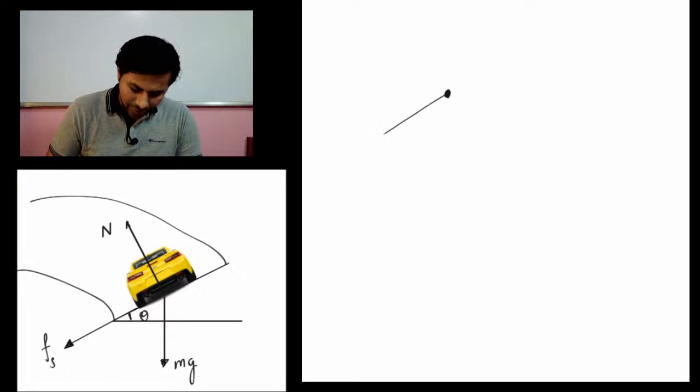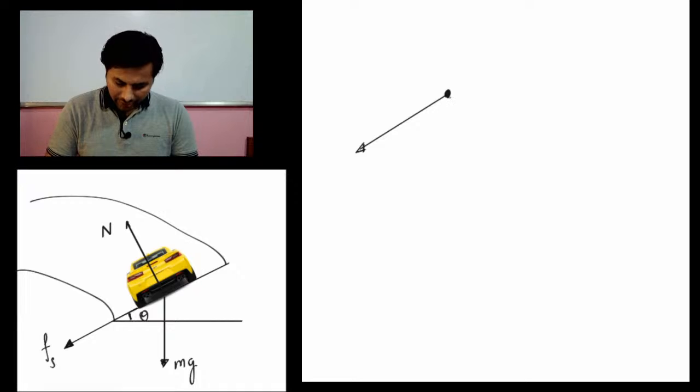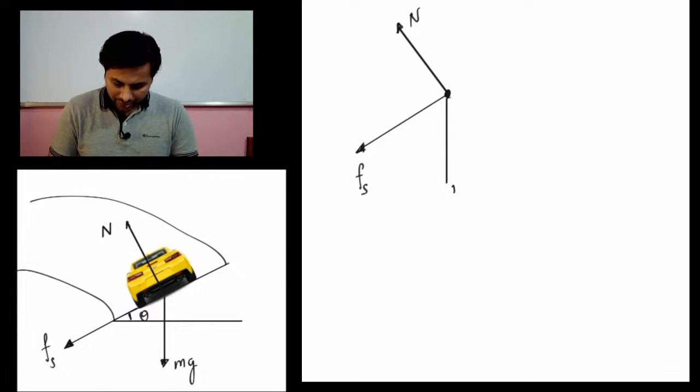So this is frictional force, then there is gravitational force acting downwards, and there is this normal reaction which acts like this. N, Fs and Mg.